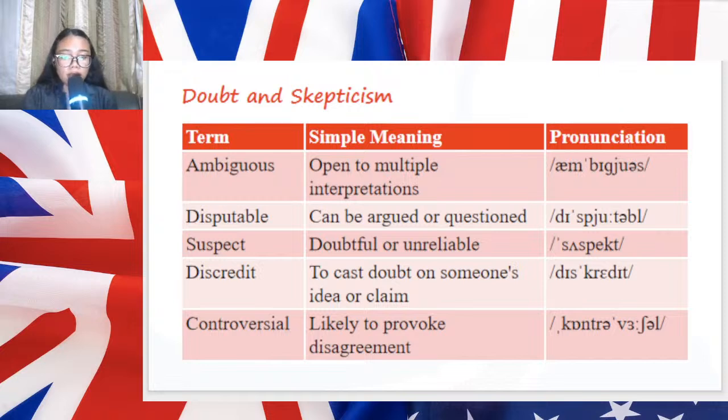Pronunciation-wise, controversial. There are 4 syllables all in all, starting with con. We're very familiar with that, right? This uses a short O vowel sound. It is unstressed. Next is tro, which has a stressed sound and a consonant cluster in the beginning.